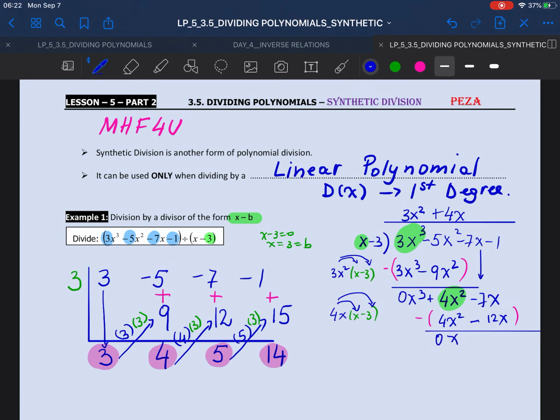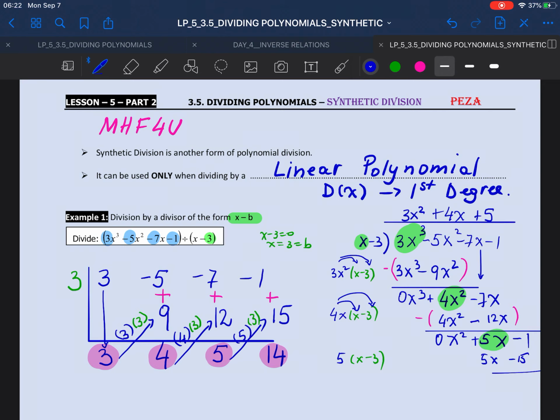And we get 0x squared plus 5x. And we're going to bring negative 1 down, minus 1. We're comparing now how many times x goes into 5x. We'll say 5 times. And 5 times x minus 3 is 5x minus 15.